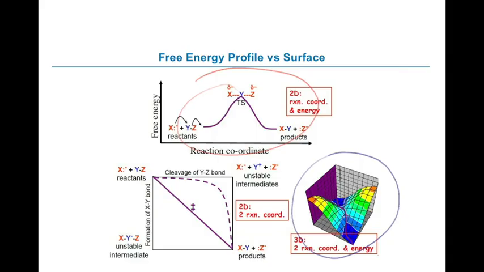Like we could break the YZ bond first and then form the nucleophilic XZ bond, or vice versa. And it's through that order of operation that we get these different permutations to different reactions.